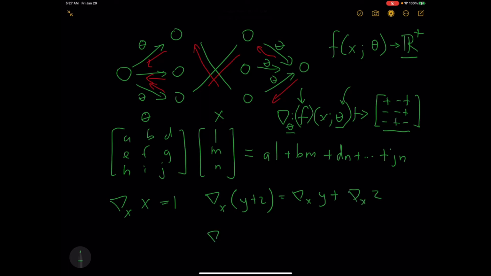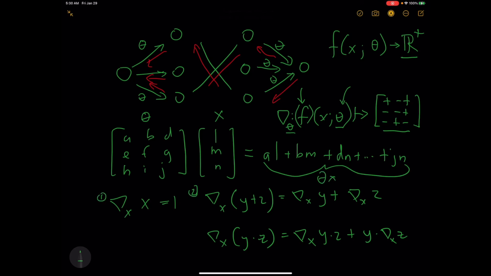Finally, if we have the product of two expressions, then its derivative is just the derivative of the first times the second plus the first times the derivative of the second. And if we look at this scalar expression, then these three rules are the only rules we need to compute its derivative with respect to any of these coefficients, a through j.